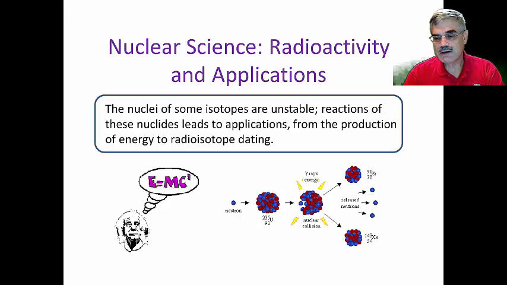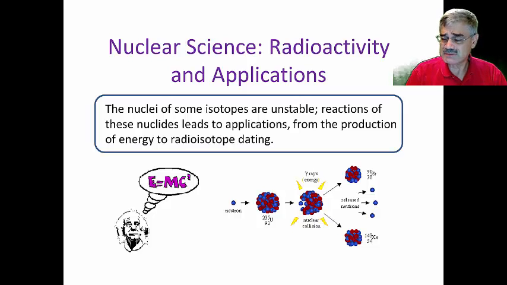I think you'll find this chapter about radioactivity interesting because radioactivity is one of these phenomena that we've only known about for a little over 100 years, but turns out to be extremely important. Now, the basis of the phenomena is that some nuclei, in the center of atoms, are unstable.